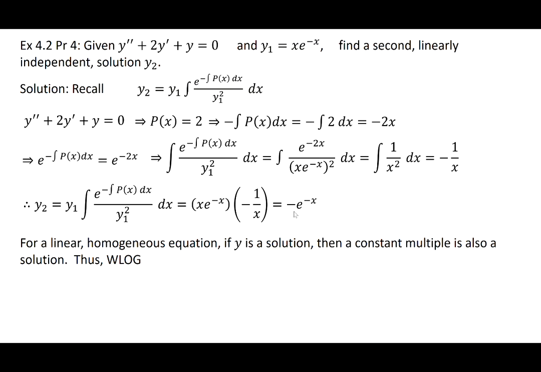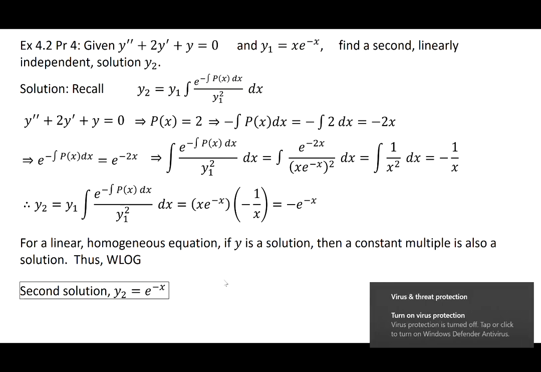Why? Because if I multiply by negative 1, this just becomes e to the negative x. Yeah, I like that. Negative e to the negative x and e to the negative x, which one is better sounding? I think e to the negative x. So that's why we just say e to the negative x. Simple?